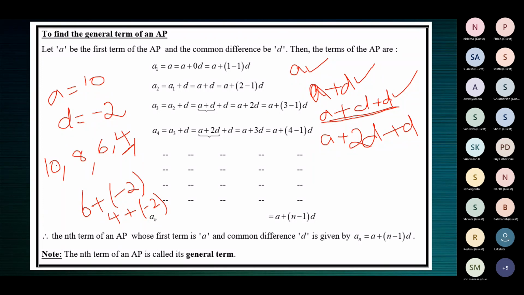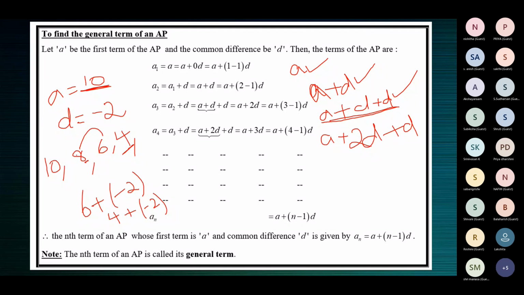So 10 is the first term, the next term will be 10 plus the common difference minus 2, so 10 minus 2, 8. Then to get the next term, add the common difference to this term: 8 plus minus 2, so 6.